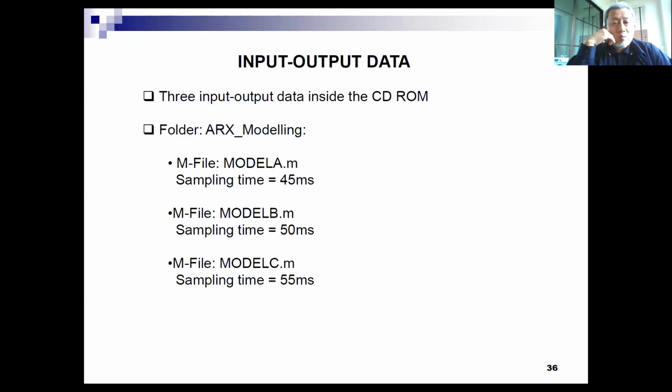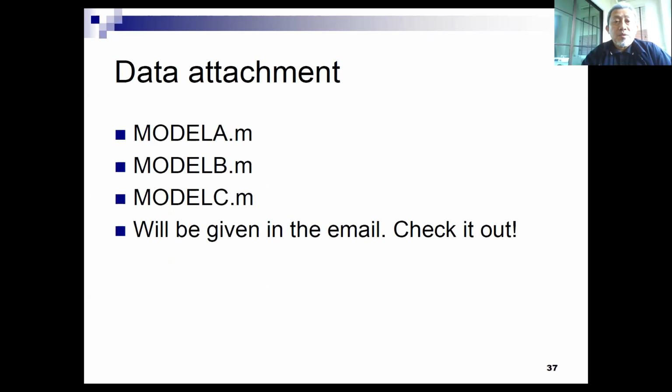We want to see the variance of the sampling time, because low sampling time will give you non-minimum phase, and high sampling time will give you a minimum phase model. I already sent them on WhatsApp yesterday. I hope you have downloaded and saved them on your laptop.